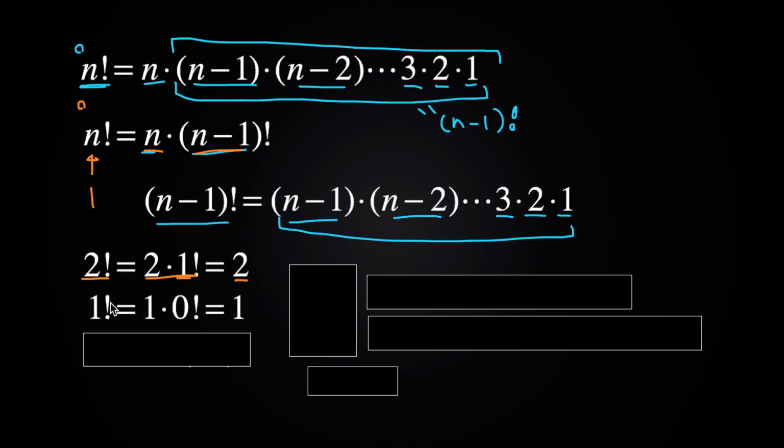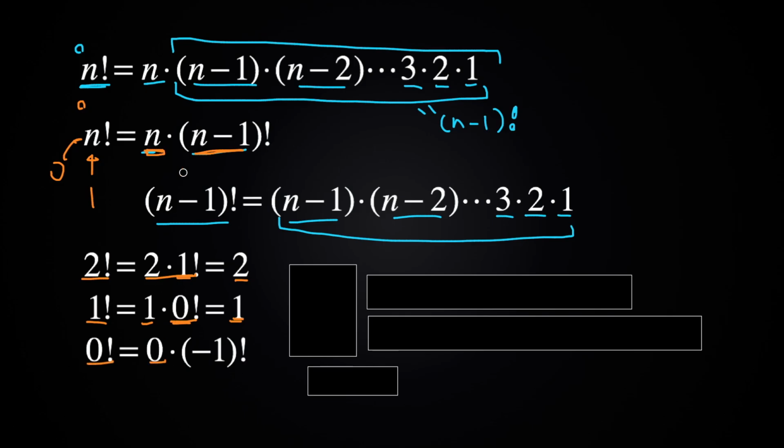It's still good, because you'll get 1 factorial being equal to 1 times 1 minus 1 factorial, which is 0 factorial. And 0 factorial is 1, as we saw earlier. So that's 1, and this is correct. But as soon as you plug in 0 here, it breaks. Let's see how that works. 0 factorial is equal to 0 times 0 minus 1 factorial, which is minus 1 factorial. And minus 1 factorial is not defined.